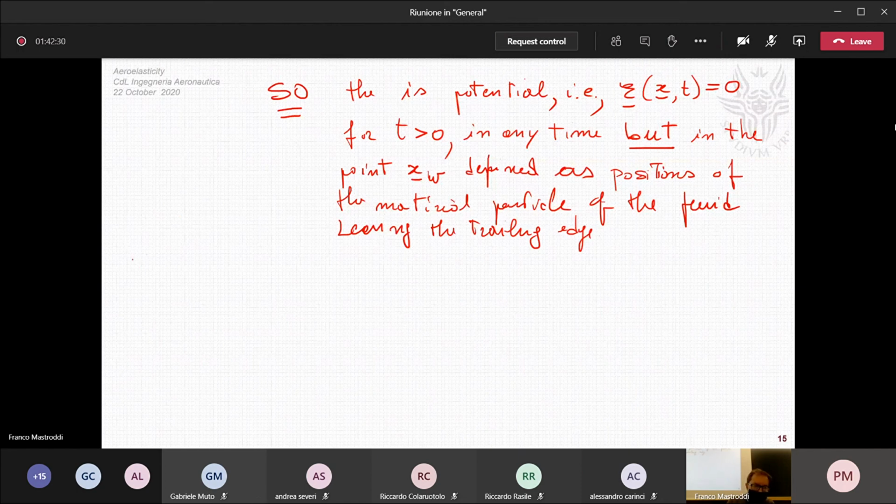This kind of flow is also known as quasi-potential flow in this sense.